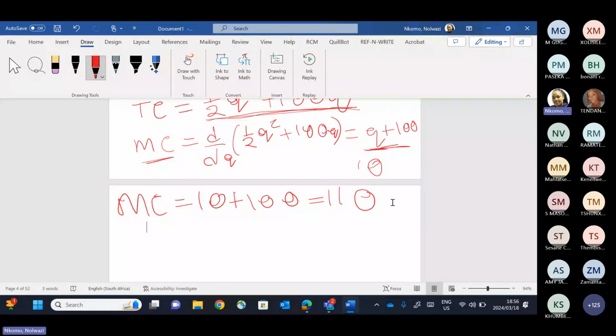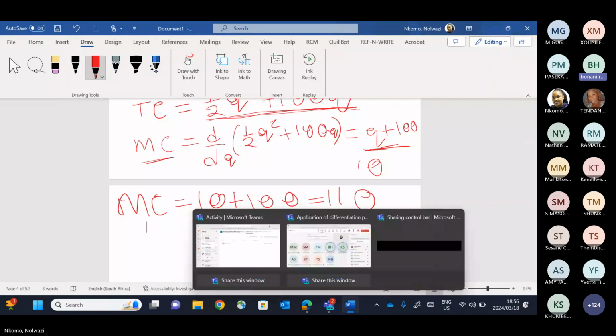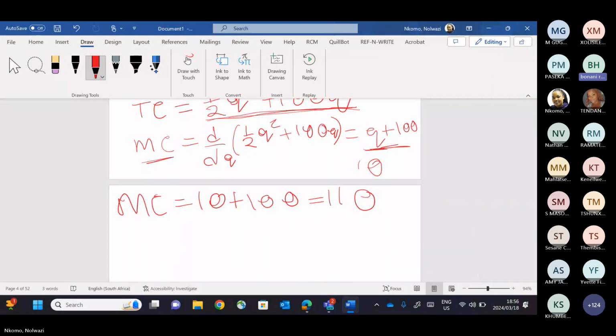Is it fine? No, it's not. She says it's not. But I think a lot of people have got it, because you're saying if the quantity is 10, it means we are asked how much it would cost to produce the 11th. So don't focus on the number that's written, Kumbelo, just add one more.